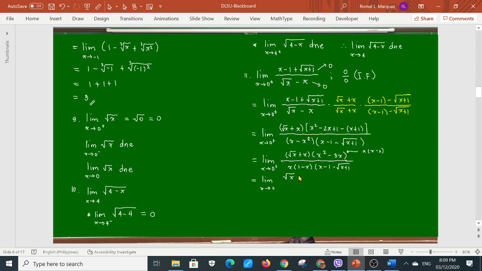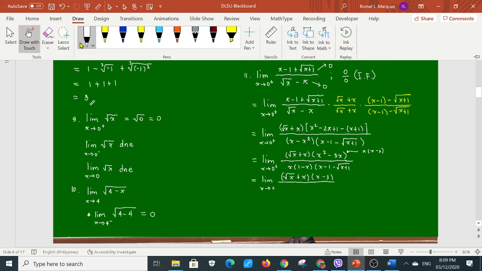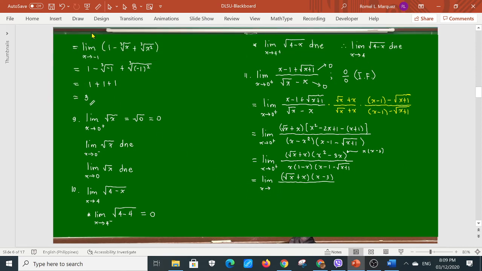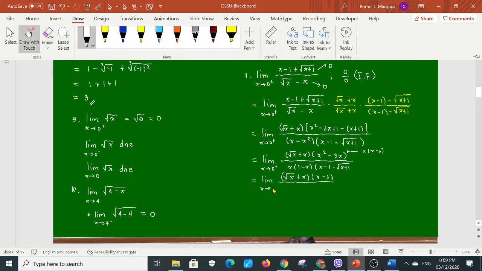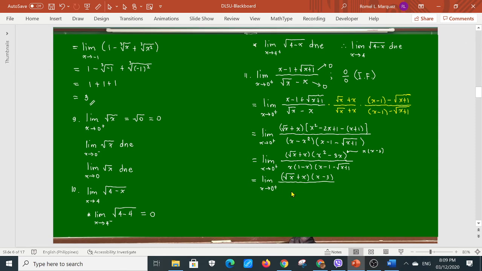Square root ng x plus x multiplied by x minus 3, all over. Limit as x approaches 0 from the right. Don't forget, ha? 0 from the right.